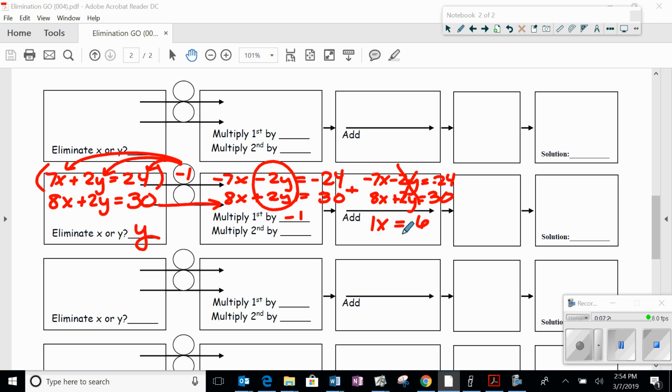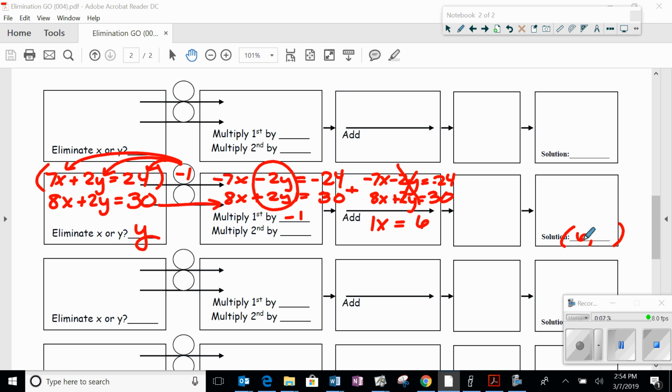Because it's a 1x, you're done solving for x. There's nothing else to do. So we already know our x value is going to be 6.